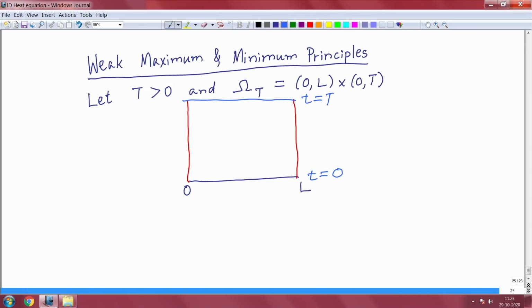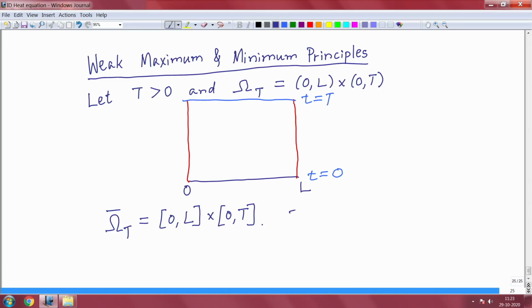So, what is omega T closure? That is simply [0, L] cross [0, T]. Now, you consider the union of these 2 red lines and this black line.